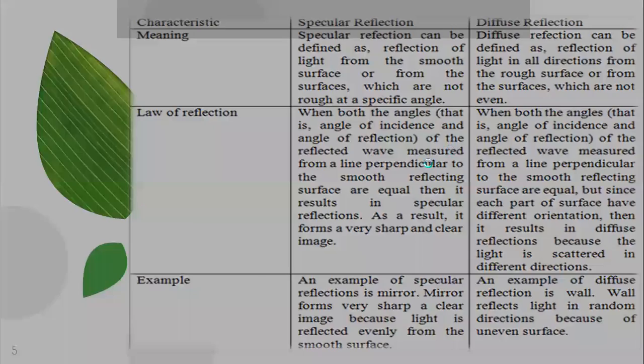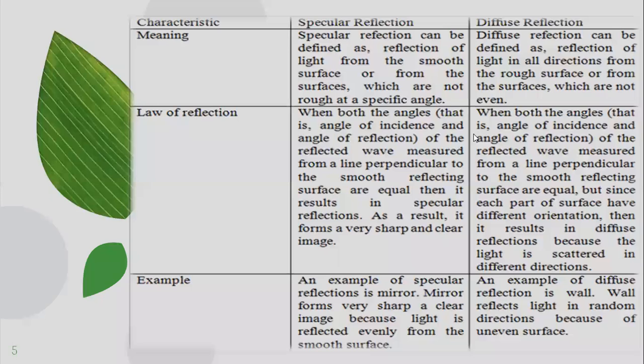What is diffuse reflection? Diffuse reflection can be defined as reflection of light in all directions from a rough surface, or a surface which is not even. In this case, the surface is smooth. In this case, the surface is rough. In the smooth case, the angle of incidence is equal to the angle of reflection.